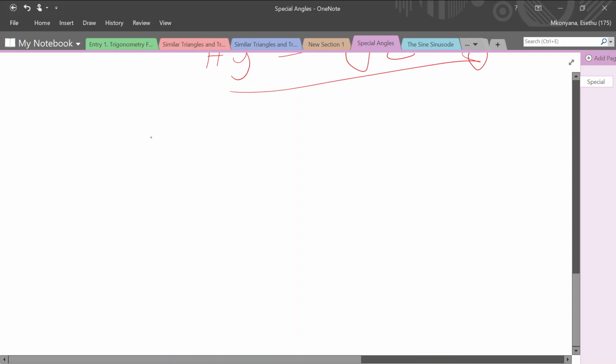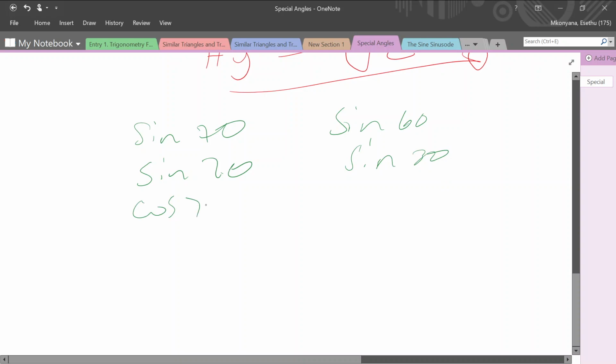Now, to make a comparison first before we continue, I'd like you to take maybe sine of 70 and sine of 20, and then compare those with sine of 60 and sine of 30, and maybe also add cos. You can also add cos of 70 and cos of 20, and cos of 60 and cos of 30.